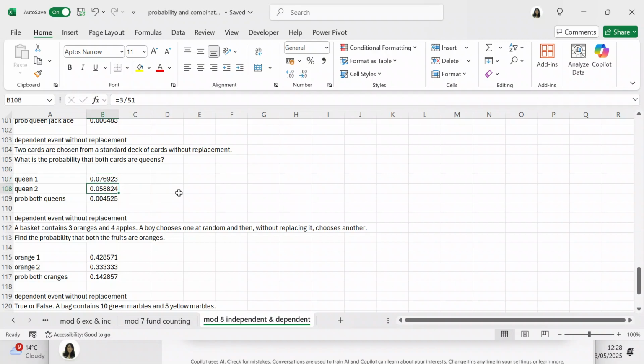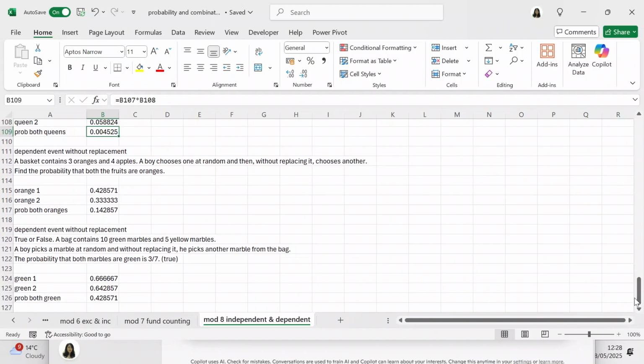Probability of queen 2 is 3 divided by 51 because you pulled the first queen, so you take out 1 queen. And then you take out 1 from the deck, so that's going to be 3 divided by 51. And the probability of both queens is queen 1 times queen 2, which is 4.525%.